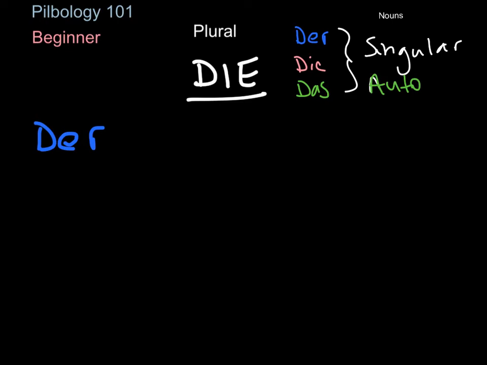Okay, so let's take a word that's masculine. So the table, or der Tisch. Now the plural of Tisch for masculine nouns, the most usual plural, is formed by adding an e.